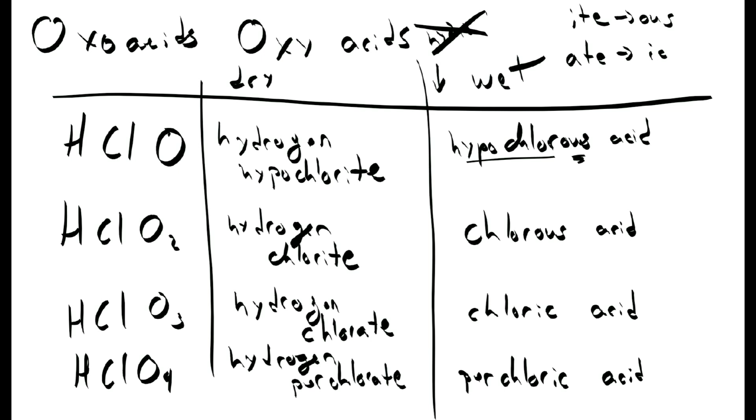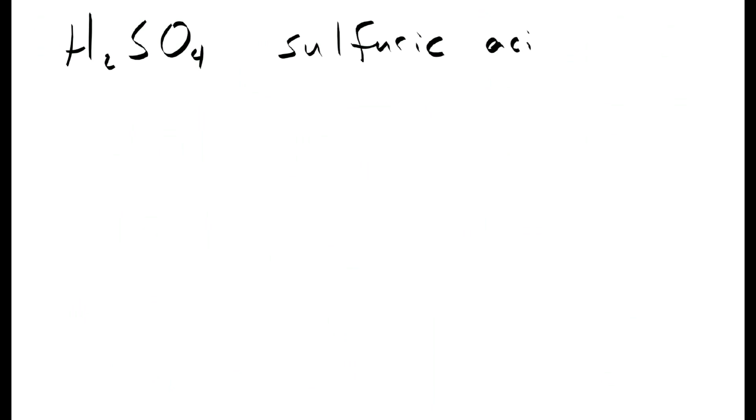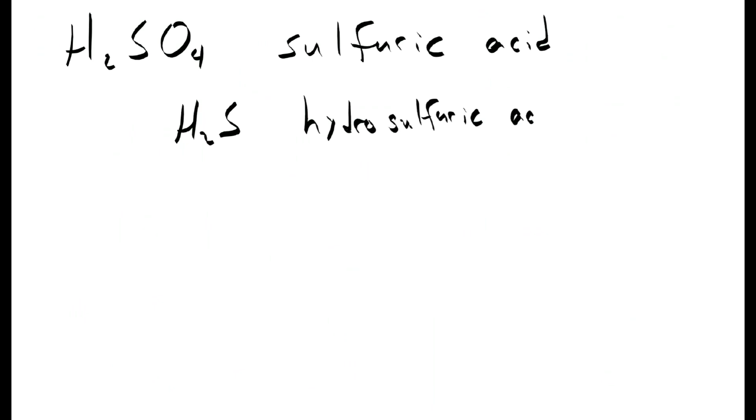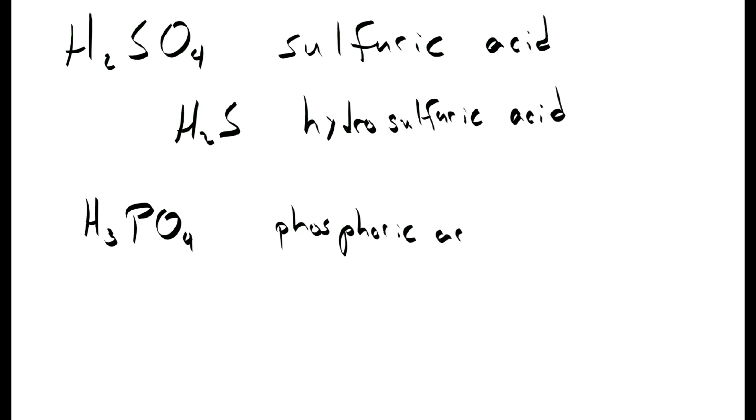And that's where you get all of these, and a number of others. Among them, the quite famous H2SO4 is sulfuric acid. Notice the difference with H2S, which is hydrosulfuric acid. Similarly, we have H3PO4, which is phosphoric acid.